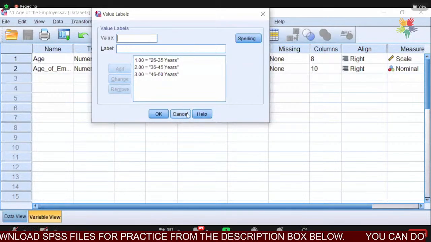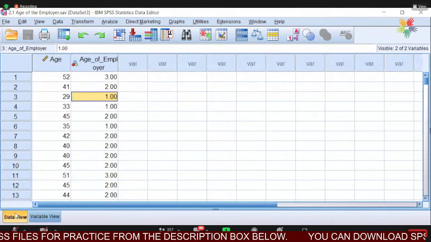So now, for example, I have one variable like this, age.